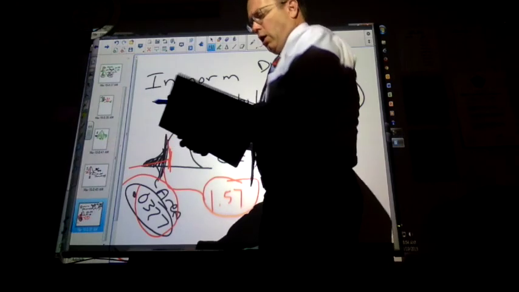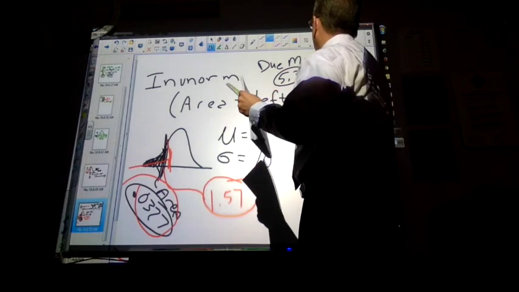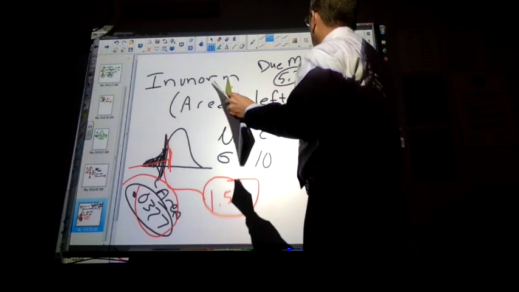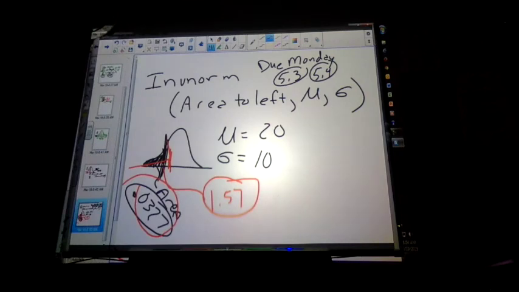And I have something for a quiz. Oh, don't worry, I haven't mentioned it. And then 5.4, these are both going to be due on Monday. Your quiz, and I know most of you are going to cry yourselves to sleep about this, is going to be worth a whopping 10 points.